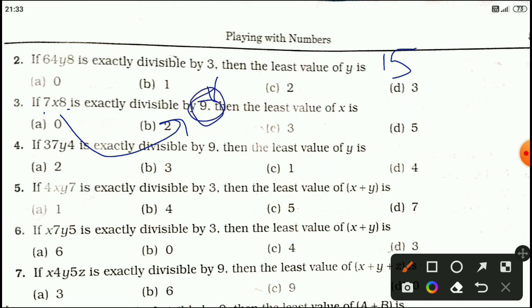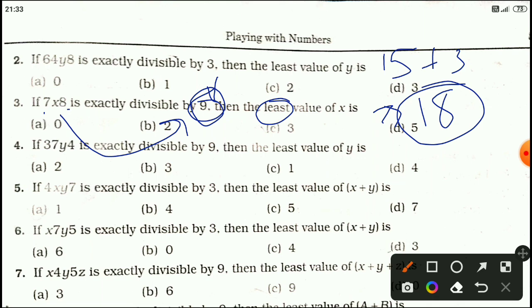So 15, and how much are we lacking? We are lacking 3. So if we add 3 to 15, we will get 18, and 18 is divisible by 9. So the answer will be option number C, that is 3.